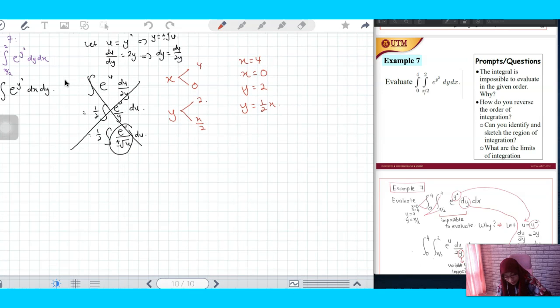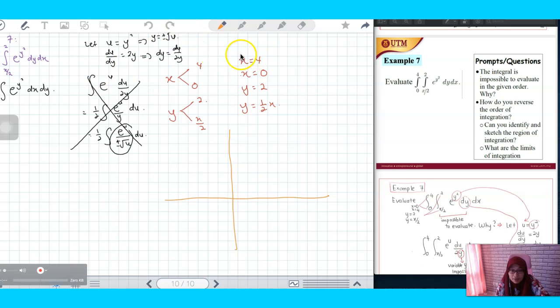Now we sketch the lines. We got 4 equations again. These equations will give you the exact shape of the region.